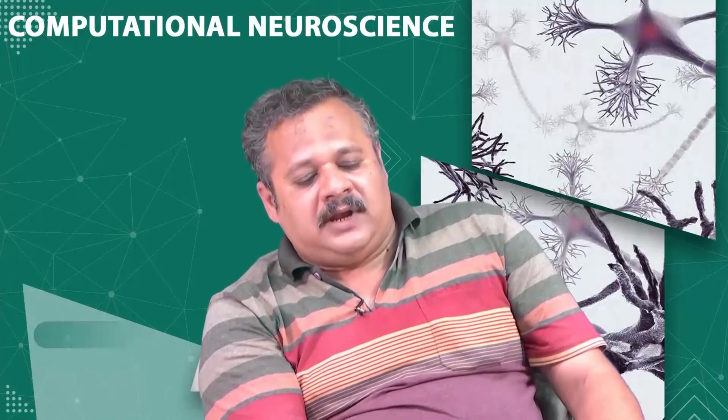Because it won't always be possible to know what the postsynaptic neuron is, or in fact mostly we won't be able to know what the postsynaptic neuron is. So, we will look at a possible range of postsynaptic neurons and then compute the mutual information based on this discrimination. Thank you.